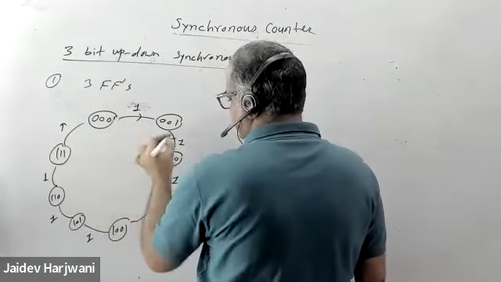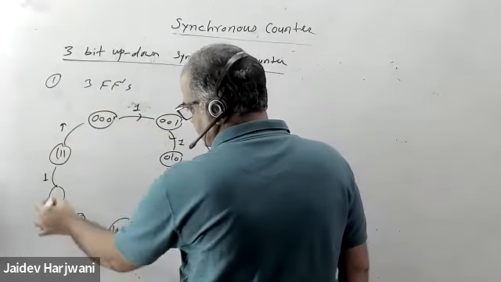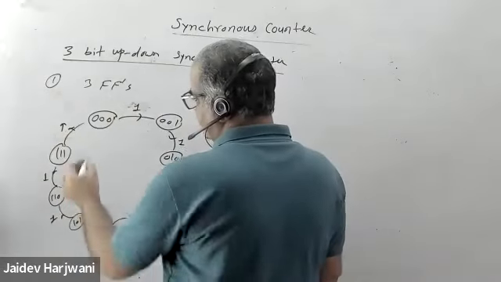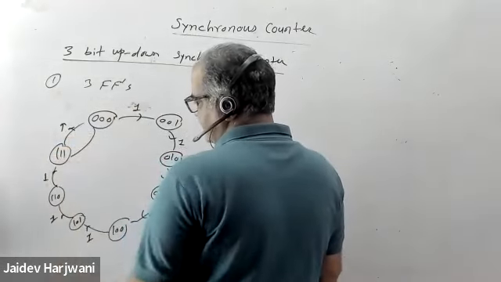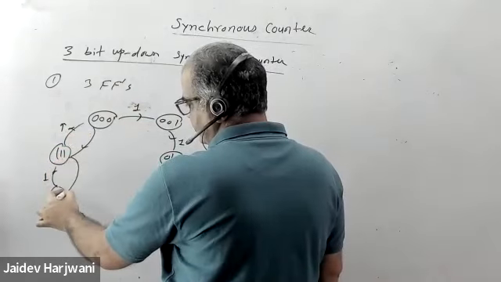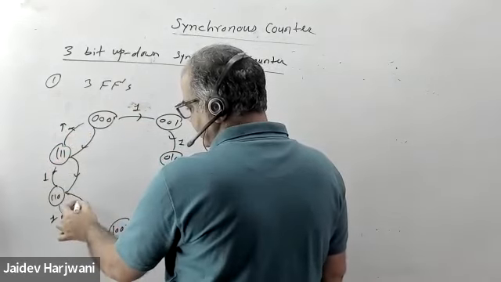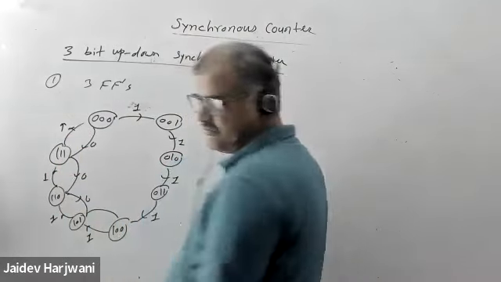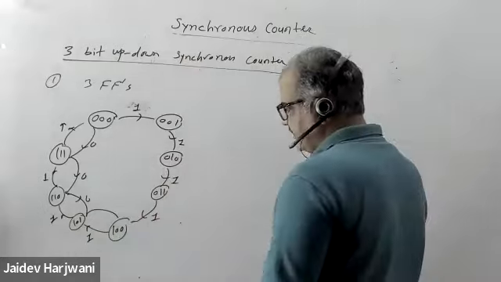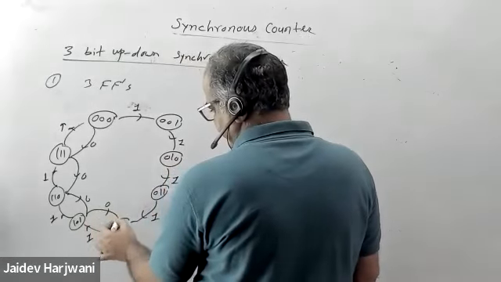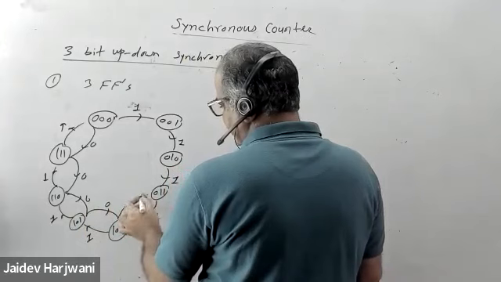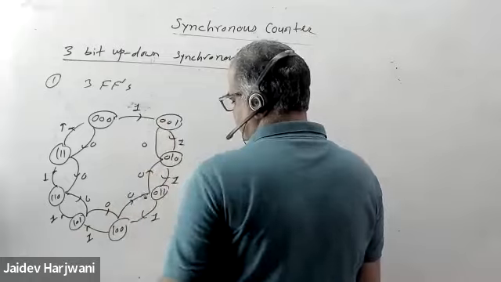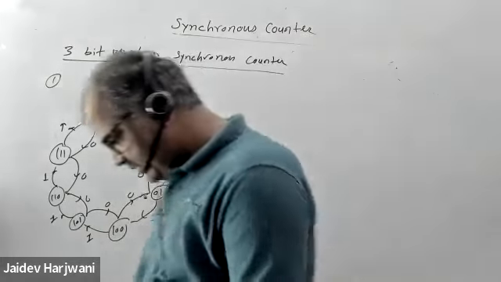And suppose if you are moving opposite, like 0 to 7, or 1 to 0, if you're moving this way, then you take m0. Now with Q3 Q2 Q1 I'll take one more control parameter, because I want to make up and down together, so I'm putting a control parameter m.